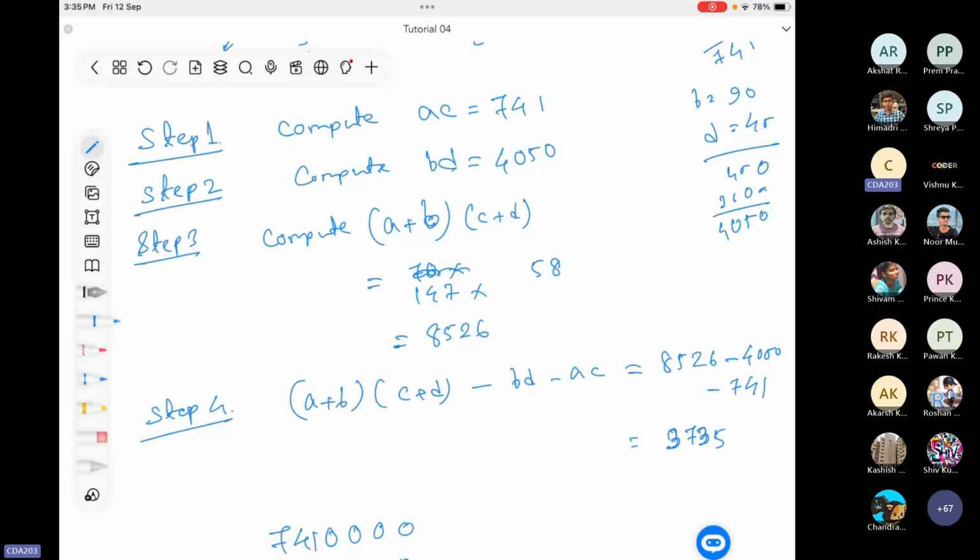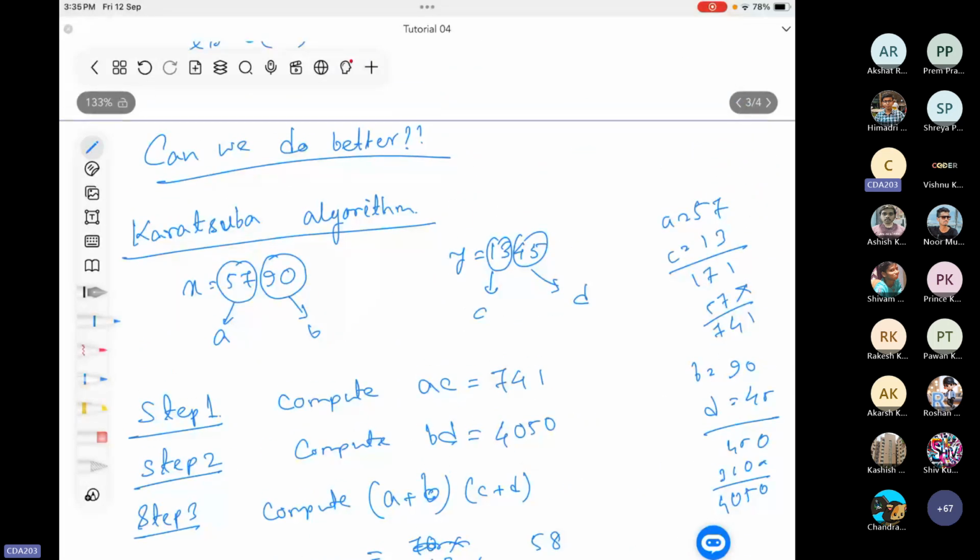But even if you have 9 digits, 10 digits, then you divide. One more thing, if the numbers are odd, I have started with an even digit number because when we are dividing, it's a kind of n by 2 division. So the n in here is n digit numbers.